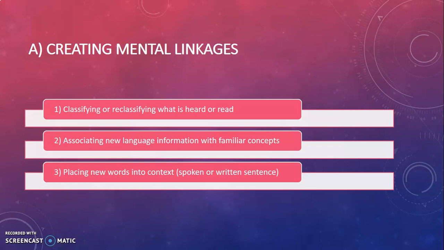For example, a student encounters a list of words related to sewing, such as hook, button, thread, and needle, and he writes a little story to put these words into meaningful context. So these three elements explain the part of creating mental linkages in the memory strategies.